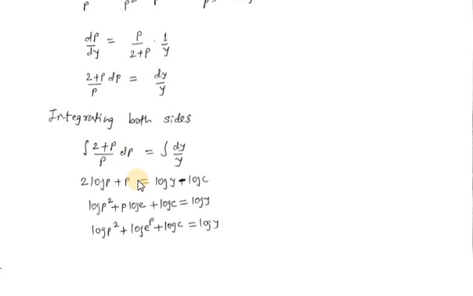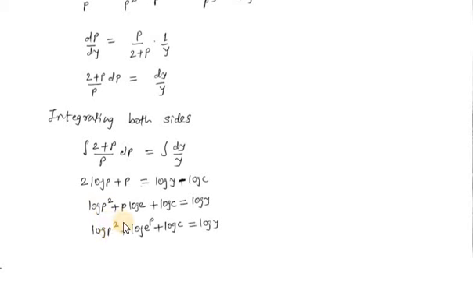So integration of 1 with respect to dp, answer is p, equals to integration of 1 over y, answer is log y, and taking minus log c as a constant value, it will become log p square plus p multiply by 1, writing 1 as log e plus log c equals to log y.